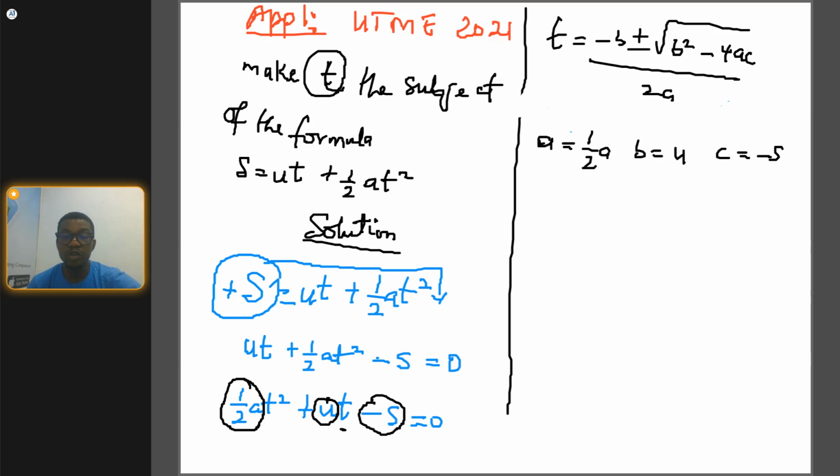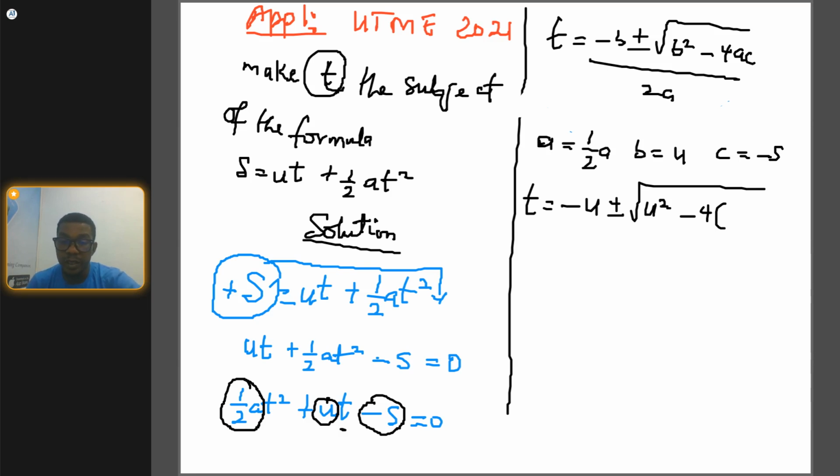Okay, now all we need to do is to substitute all these letters inside the formula method. So we now say t equals minus b, and b is u. So I'm going to have minus u plus or minus the square root of b again, which is u, squared, minus 4 in brackets. What is A? A is 1 over 2a.